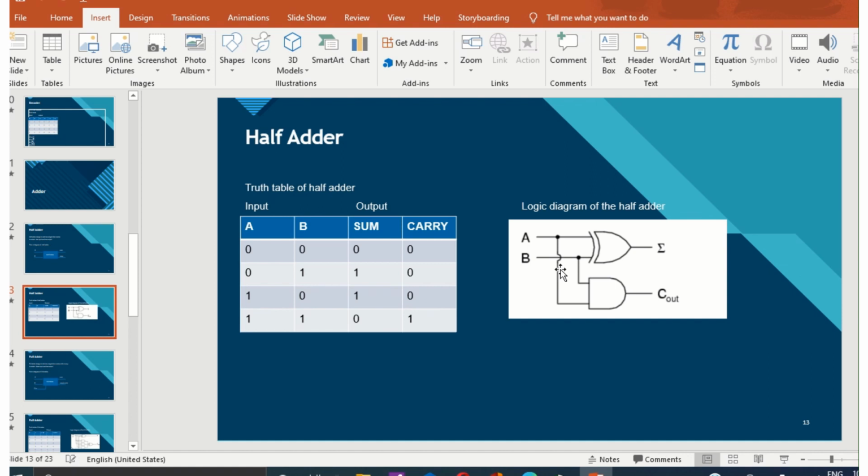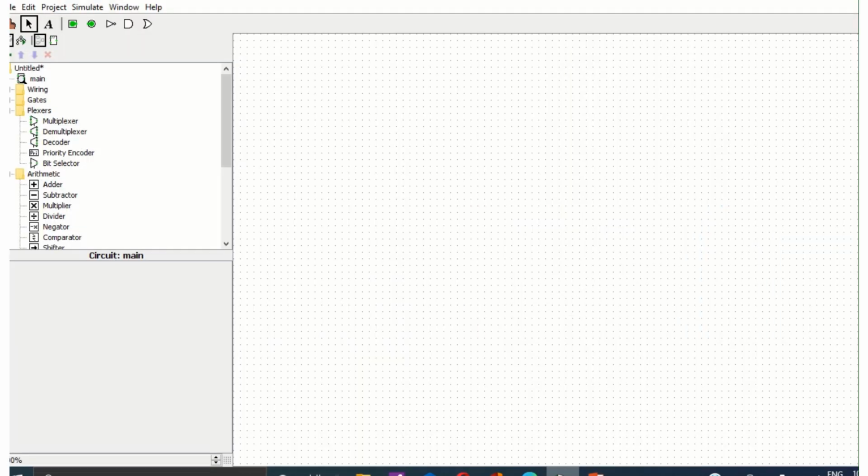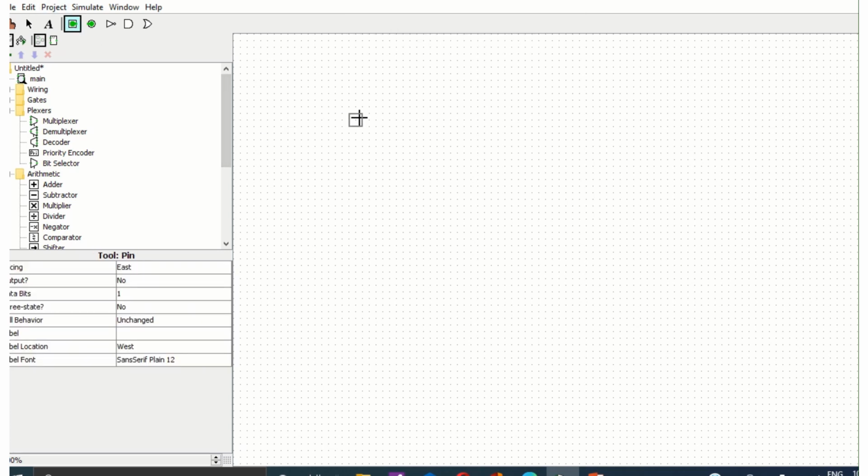Now we are going to see how to implement the half adder. First I want to take two inputs. And I am going to label these inputs.